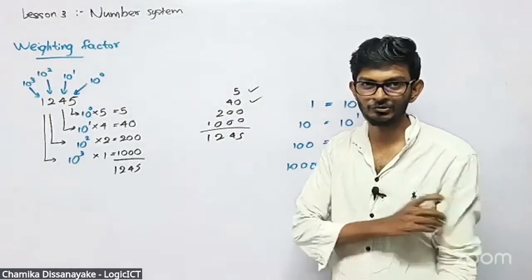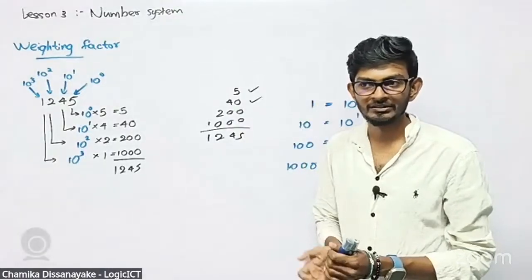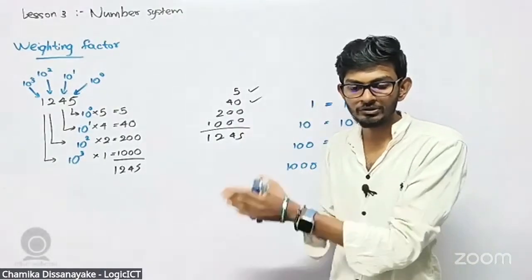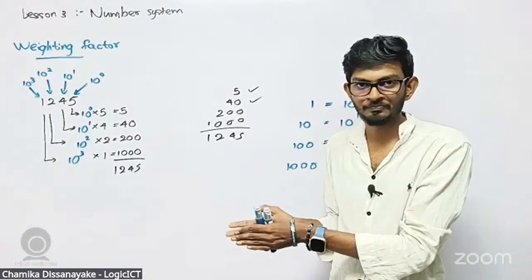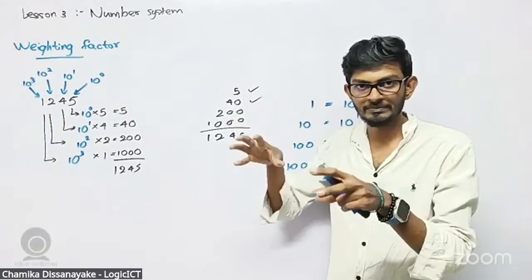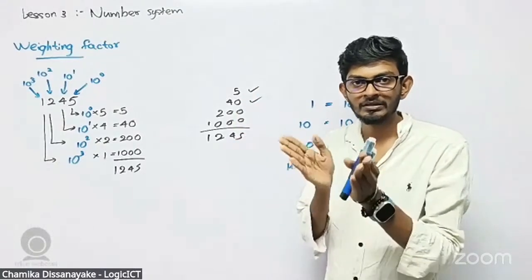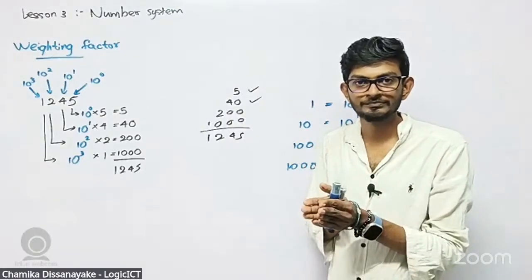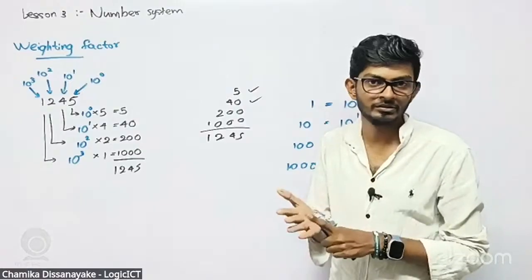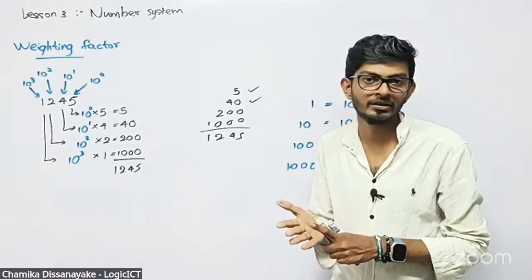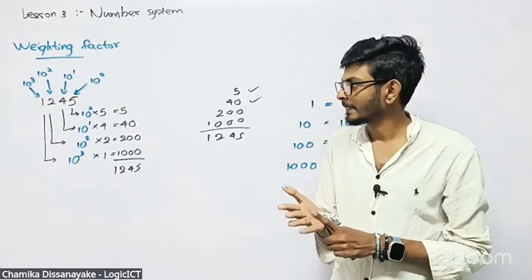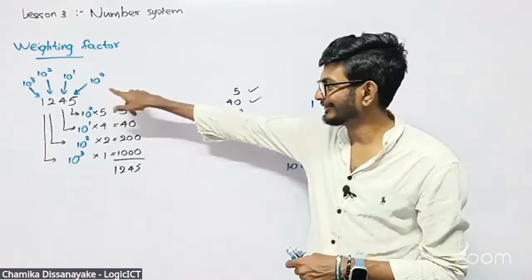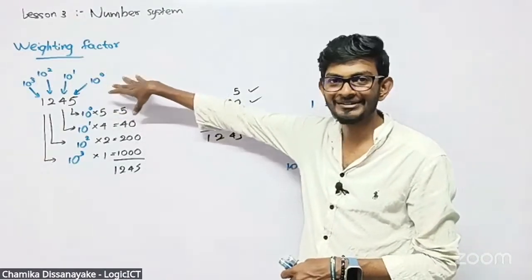As I told you earlier, the decimal number system is equal to the Hindu Arabic number system, because both of them use the same symbols, 0 to 9. That means we are learning the decimal number system here, guys.